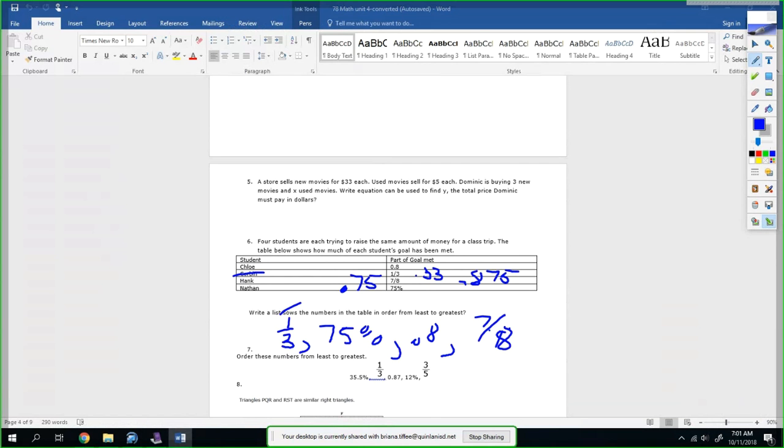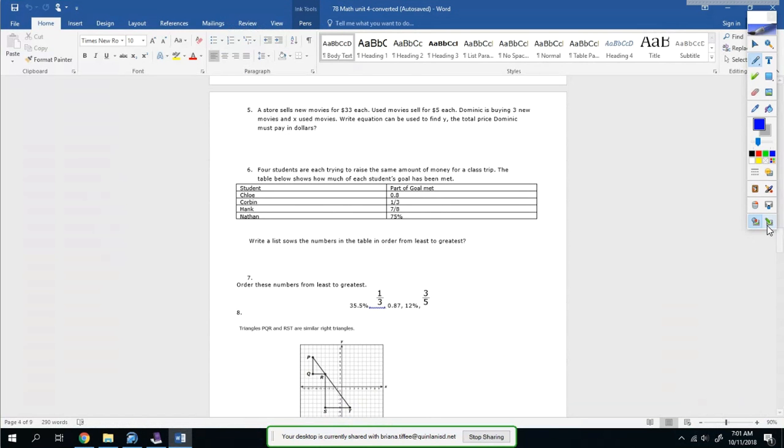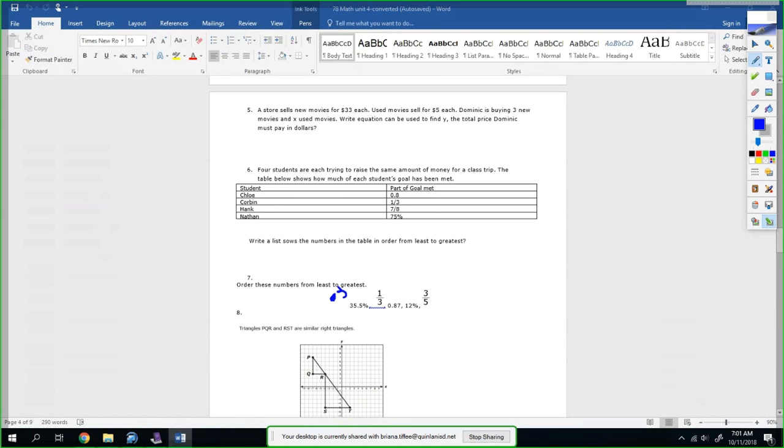Okay. So remember, the best way to order numbers from least to greatest is to write them in their decimal form. Okay, number 7, order these from least to greatest. So 35.5% is 0.355. 1/3 is 0.33 repeating. That's just 0.87. 12% is 0.12.